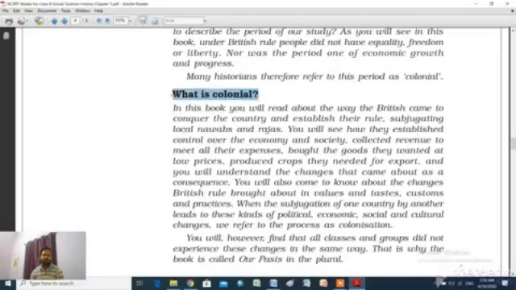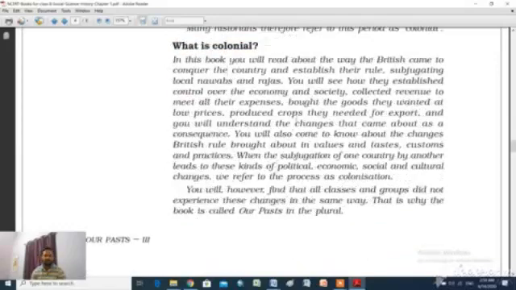Next, what is colonial? Colonial is a term which defines when a strong country subjugates or subordinates a weak country and imposes its political, economic, and cultural character on that country.